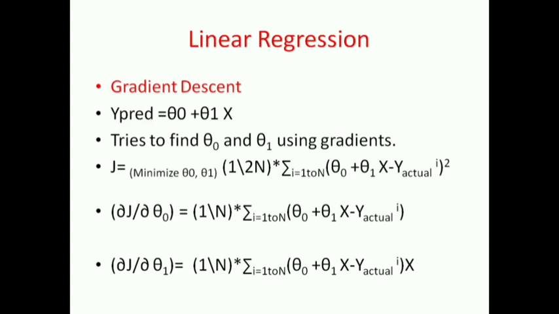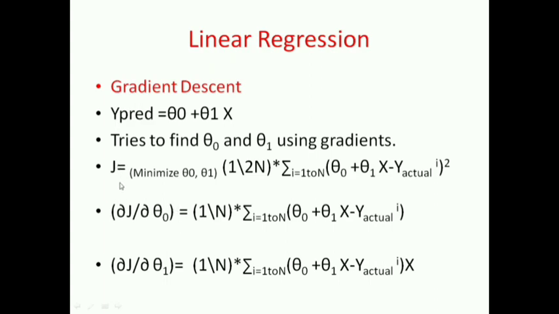So from your math days, if you remember, this is a simple problem of optimization where you can solve this problem using partial differentiation. So you need to take partial differentiation with respect to the variables that you want to minimize for.